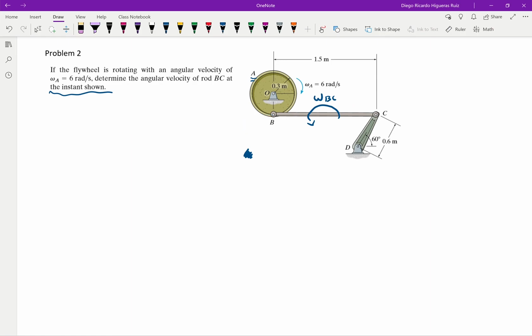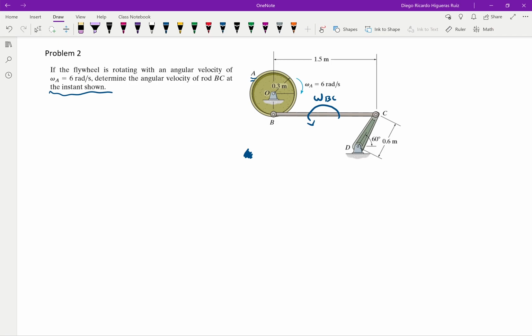You can give a polite guess, and if you weren't right the first time, that's okay, because when you get the final answer, you will get it negative, and that means that it's just going in the opposite direction. Okay, so let's get started, and let's see what we're gonna do here.